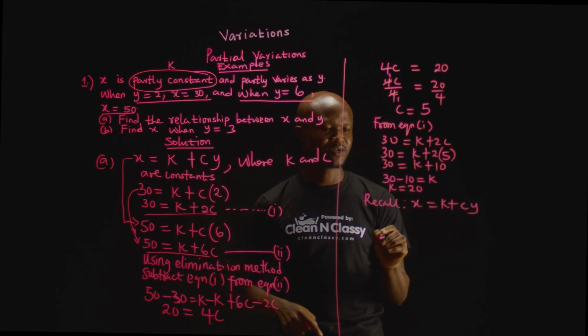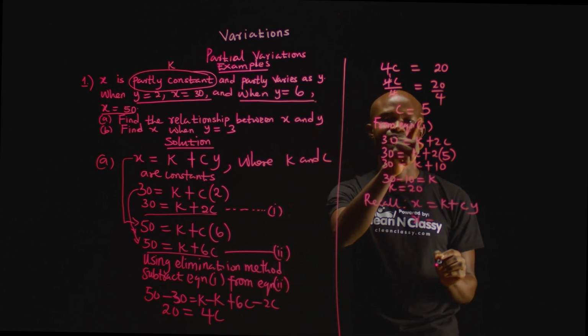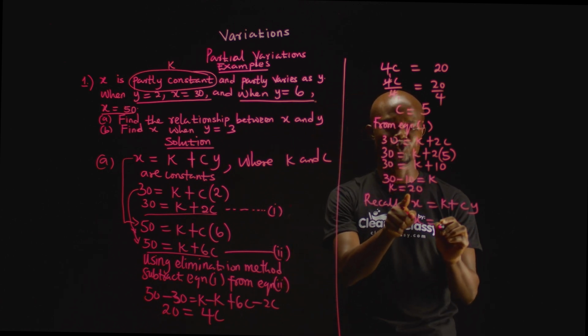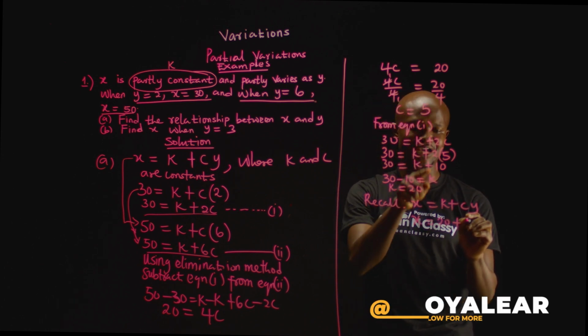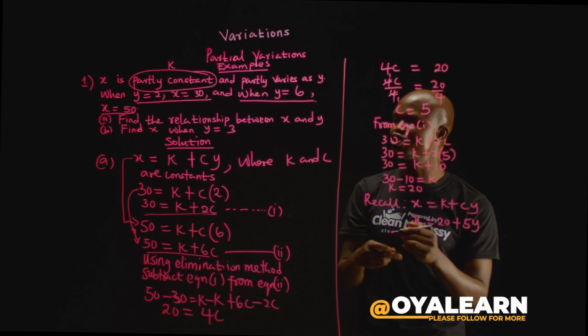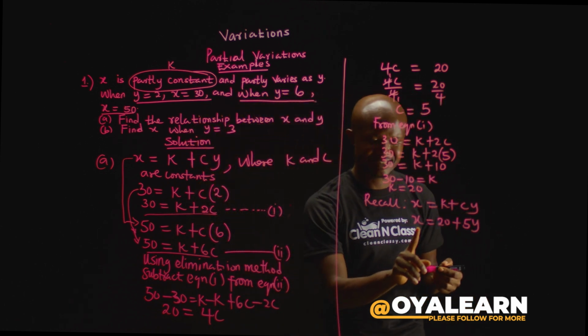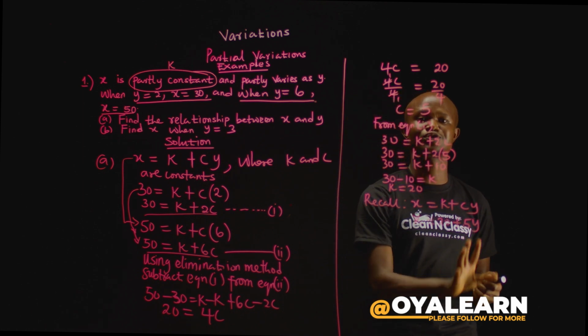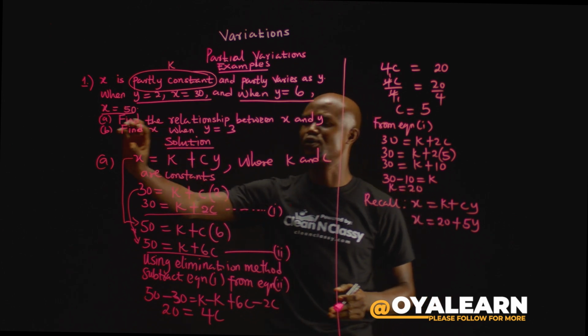So now x will be equal to what? k is 20, so we write 20 here. c is 5. So the relation between x and y is x equals 20 plus 5y. That is the solution for the first part of the problem.